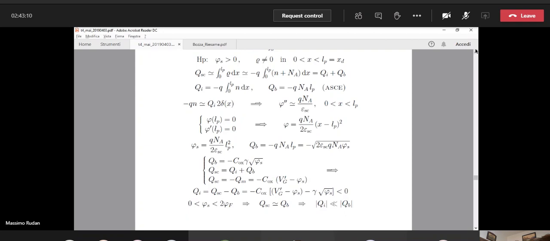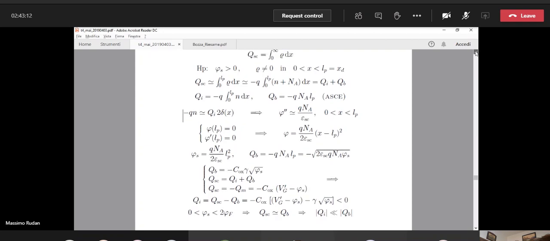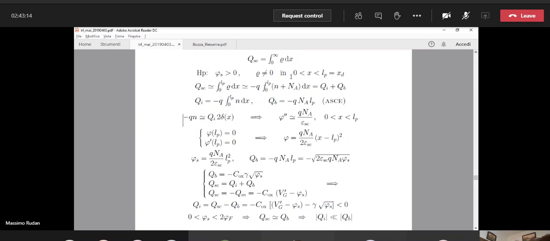Then we put all these ingredients together. Remember this, the total charge of the semiconductor per unit area is the sum of the inversion charge, if any, plus the bulk charge. We are excluding once and for all the accumulation regime. So QSC is equal to QI plus QB.